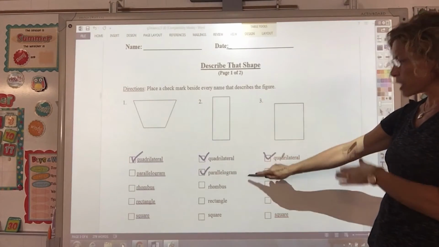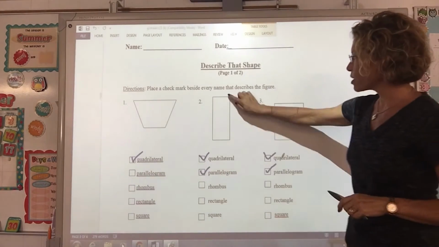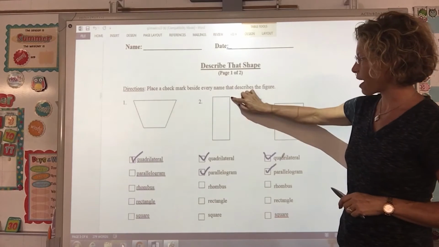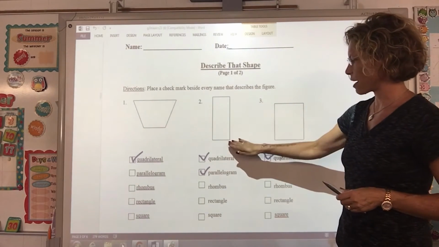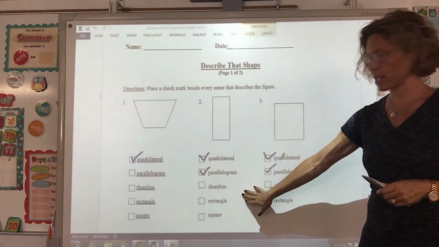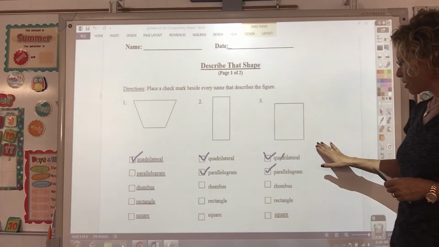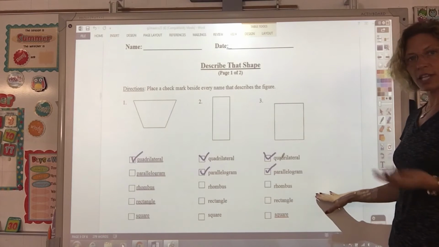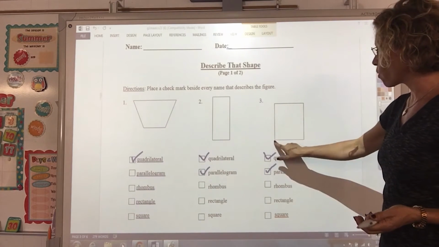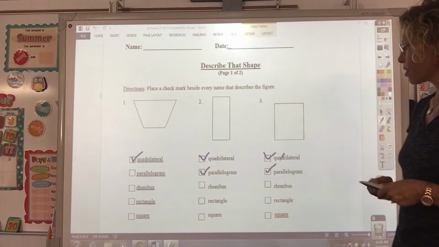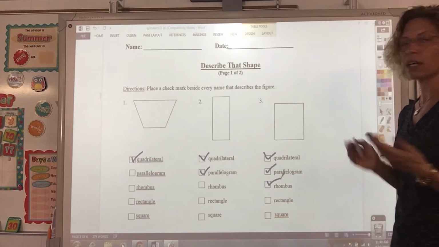Now the rectangle is a parallelogram, but it does not have four congruent sides. These sides are longer than these sides, so a rectangle is not a rhombus. Now a square is a parallelogram, so does it have four congruent sides? 1, 2, 3, 4, and they're all the same length. So yes, a square is a rhombus.